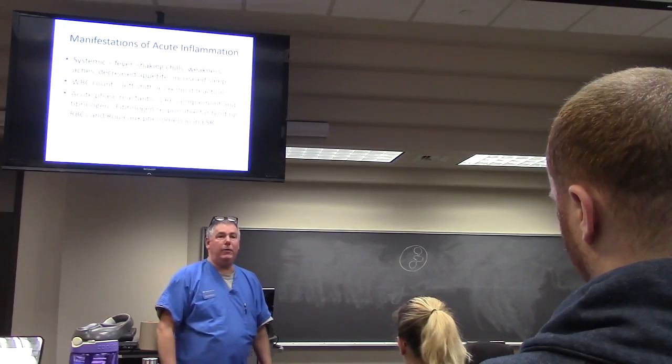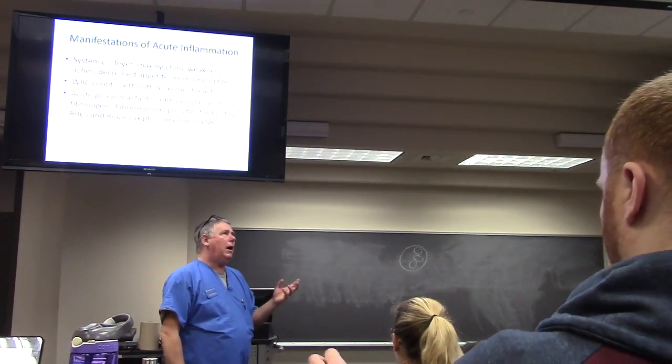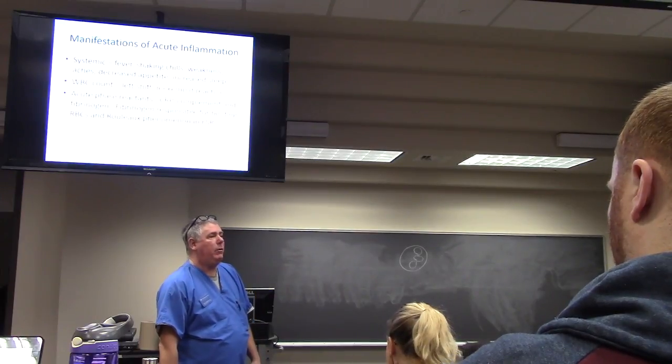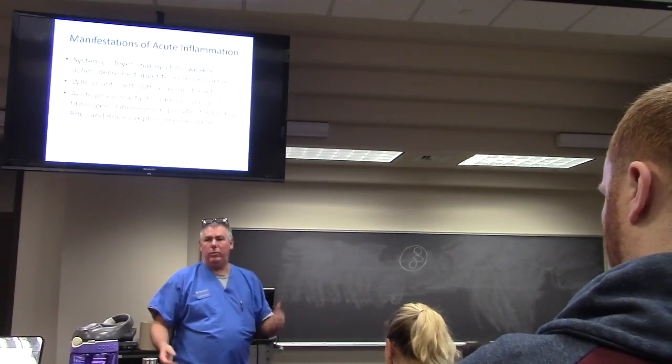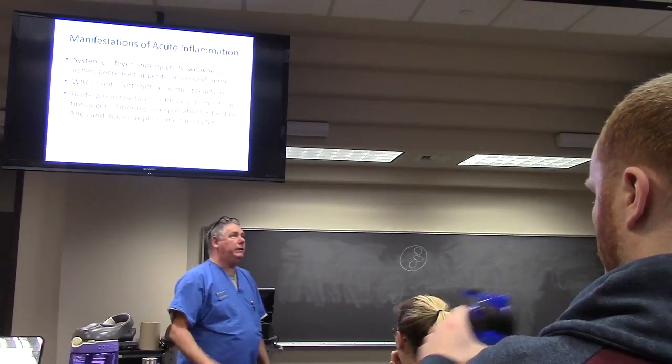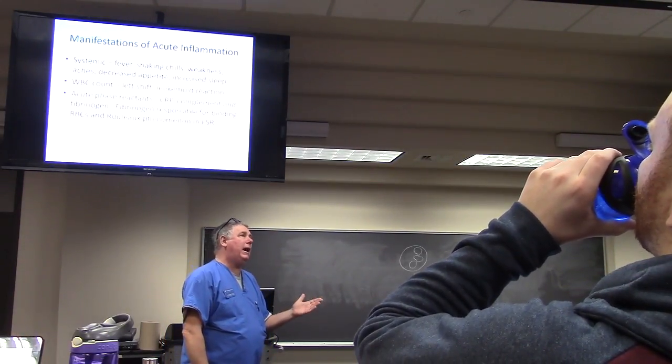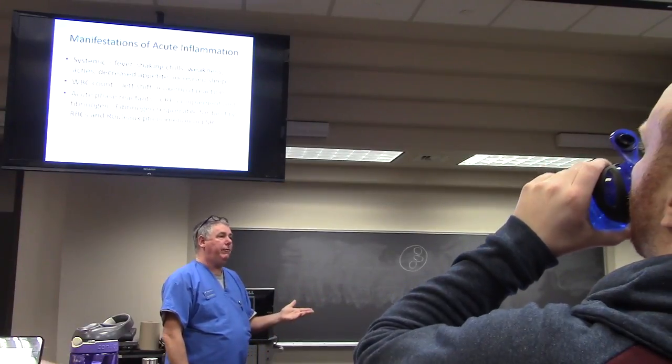Manifestations of acute inflammation. Systemic is interesting. These are obvious. Anytime you have a sore throat or the flu, you have all of these symptoms. The WBC count, it says left shift.